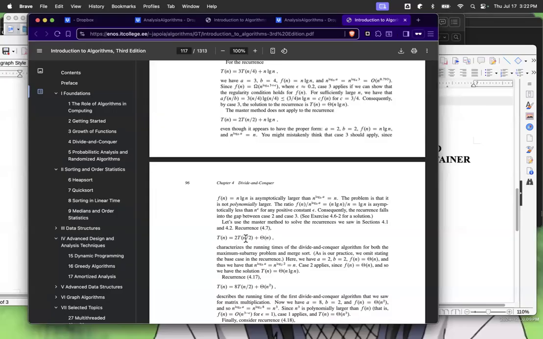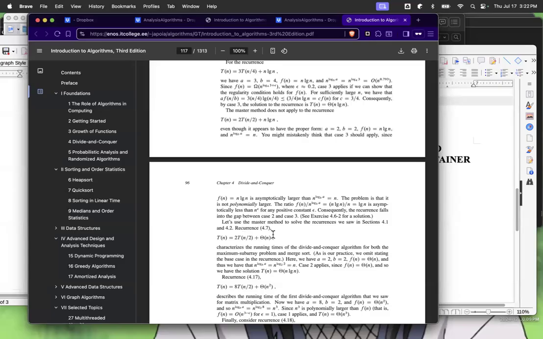And so all you have to remember really is this is b, that's a, log base b of a, and it's going to be n raised to the log base b of a. And you have to make sure that whatever you're choosing, it's not because the values are equal. So if this were n squared and that were n squared on the right-hand side, then you would not pick the left-hand or right-hand side. Instead, if this were n squared and this one were n, then you would pick the left-hand side. If this were n cubed and this happened to be n to the fourth, the right-hand side, right?